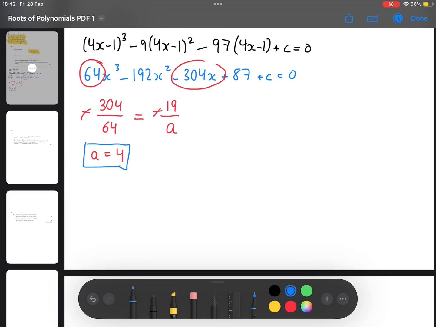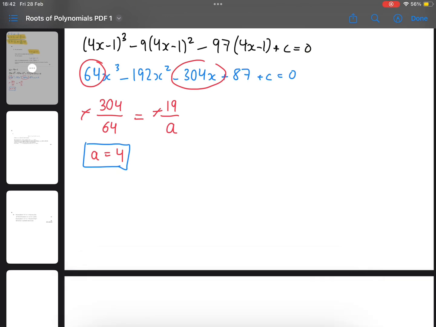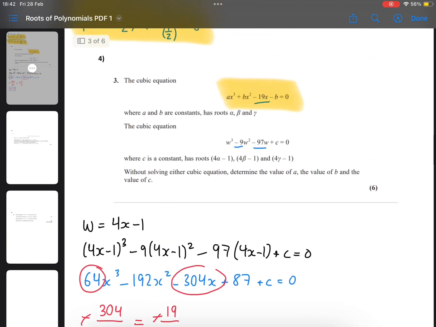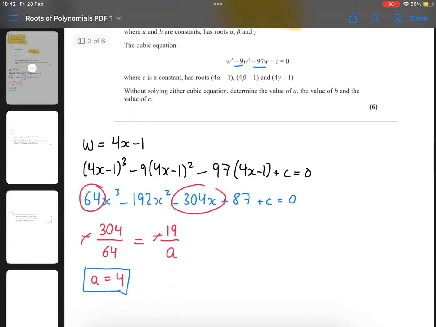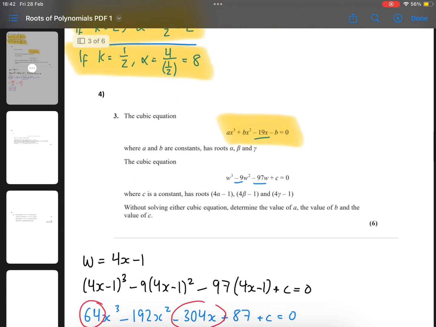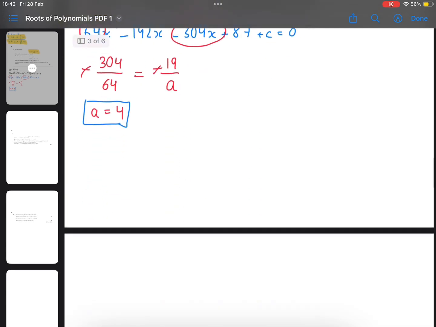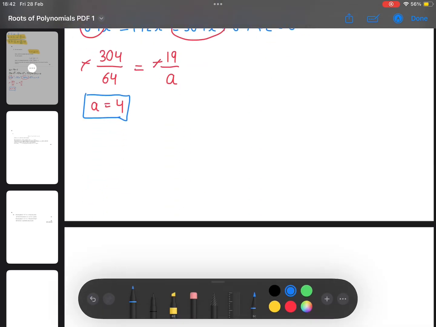And then from there, we can look at the other values which we have. So we have minus 192 divided by 64 equals b over a. And we know what a is now, so we can simply solve for b.